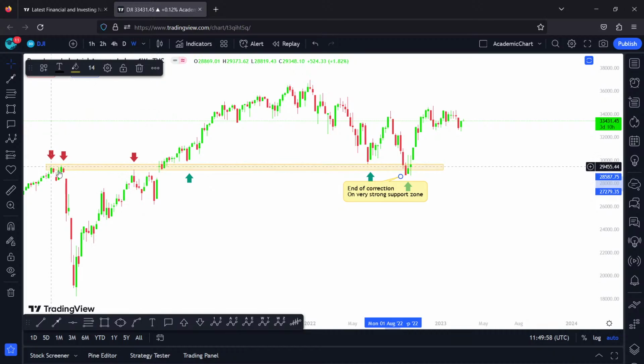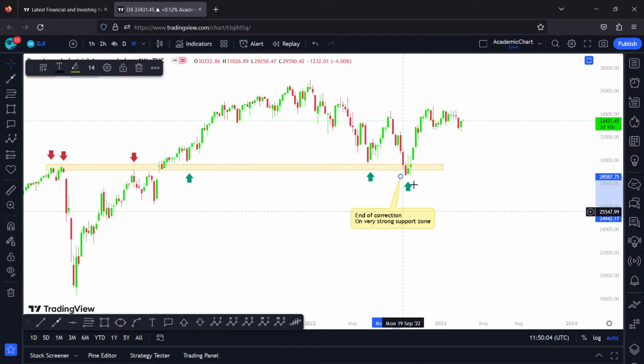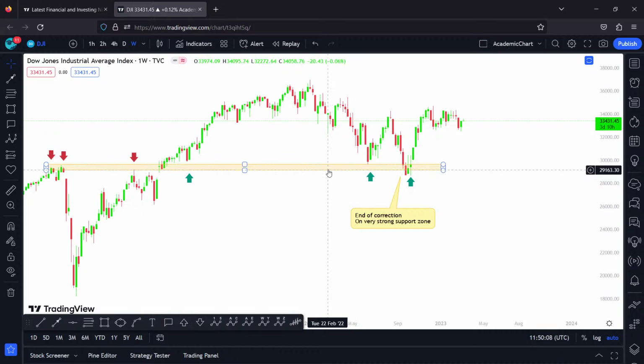Because it took a longer time to get created. That's why their validity is also much higher. That's the reason that these kinds of support or resistance zones that we find on weekly charts are important, because they are so strong. They cannot be broken easily. I think it is enough to take away from this weekly chart.